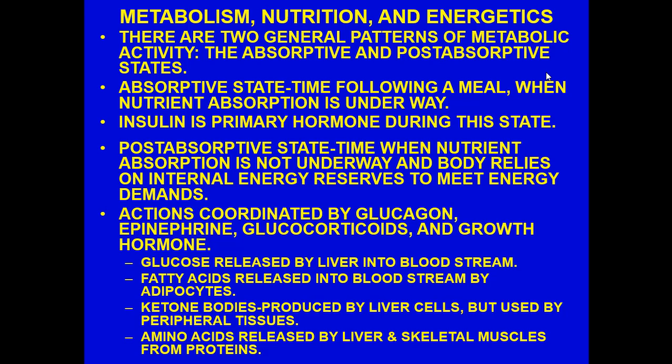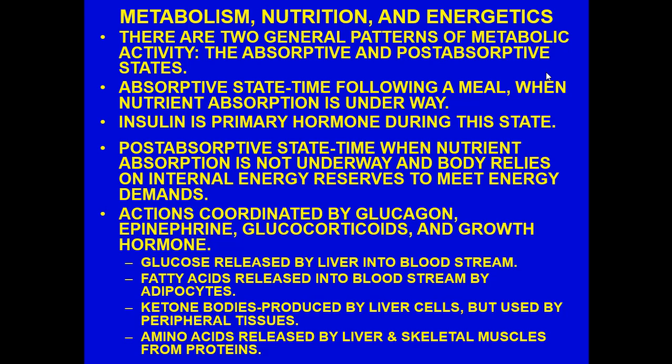Glucose is going to be released by the liver into the bloodstream. You're going to break down glycogen into individual glucose molecules and get them into the bloodstream. Remember, what's the organ that absolutely needs glucose? Doesn't take anything else? The brain, the nerves, the neurons. Fatty acids are released into the bloodstream by adipocytes.